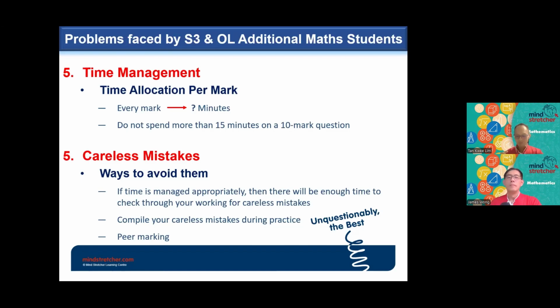Take it as a ballpark figure: for every mark allocated to the question, we should allocate about 1.5 minutes. So for example, if it's a 10-mark question, it should be about 15 minutes that they should spend, and not more than that.